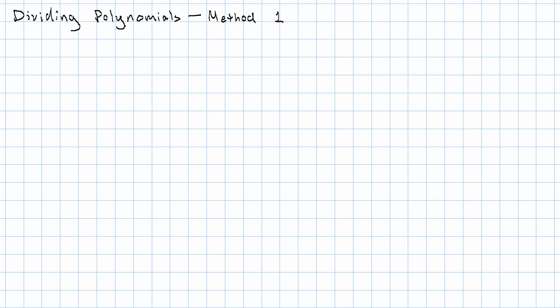This method of polynomial division involves essentially the same process as we use to factor, except that one of the factors is given. Although we can use this method for any polynomial division, it's easiest to use when we're dividing by a linear binomial and there's no remainder.